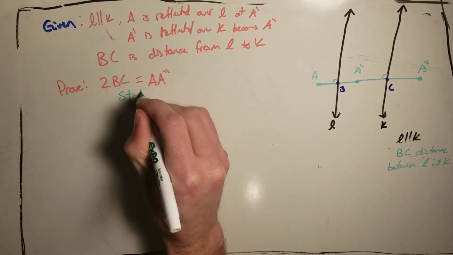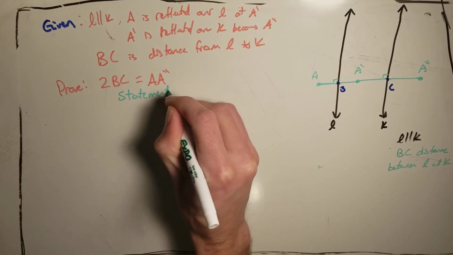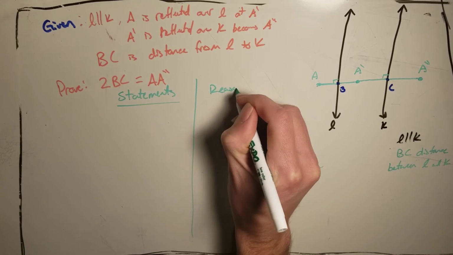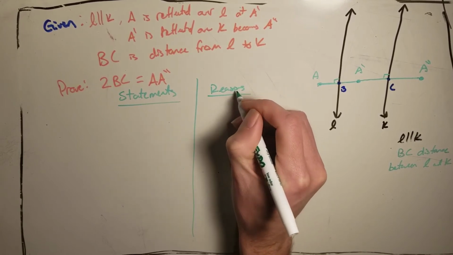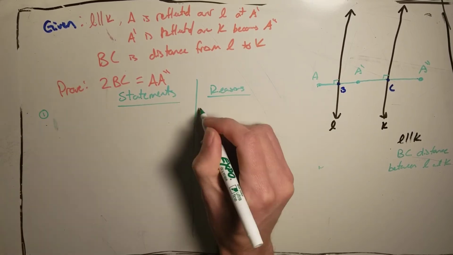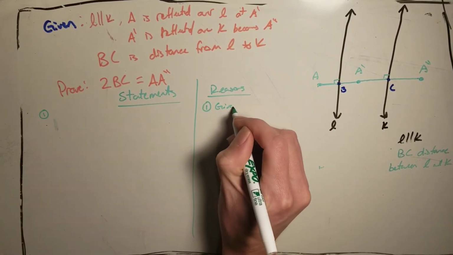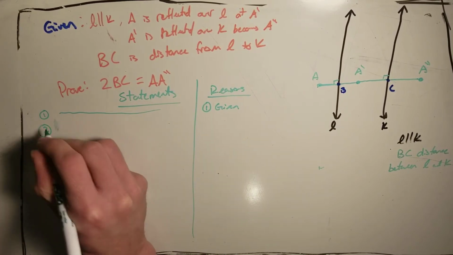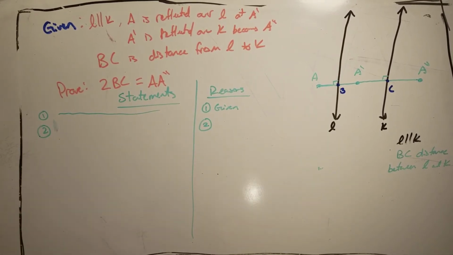We're going to do a 2 column here. Statements, reasons. Our first statement would be all of our givens. And all of this you can just write in here. I'm going to save a little time and not write it down on here.